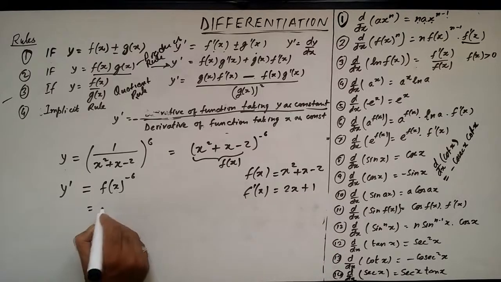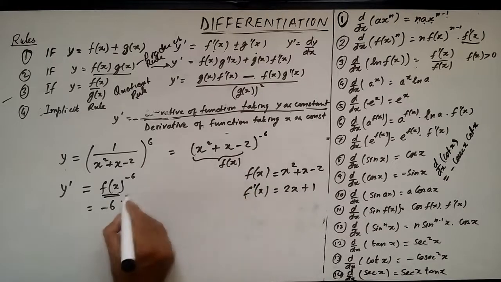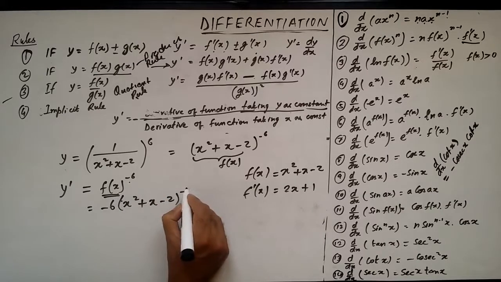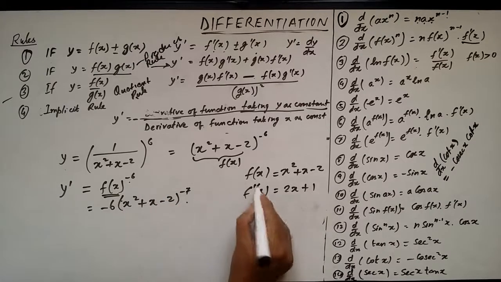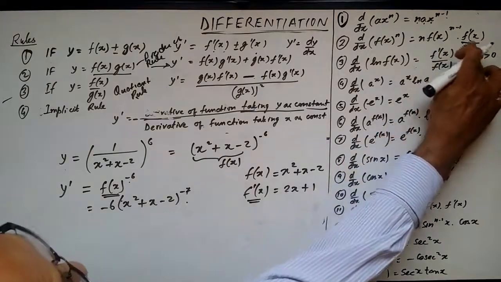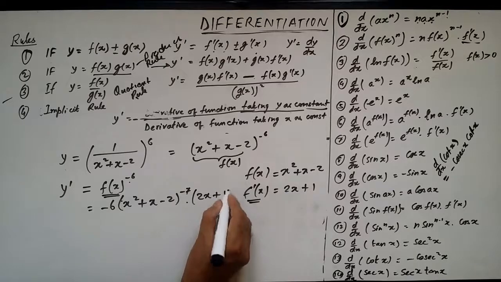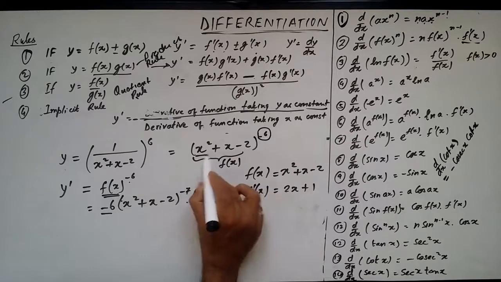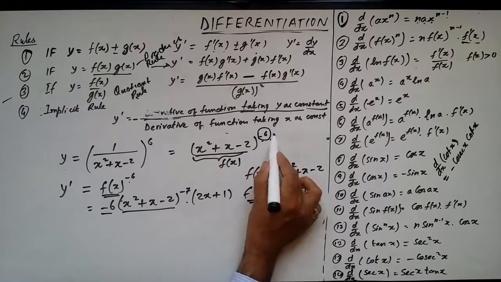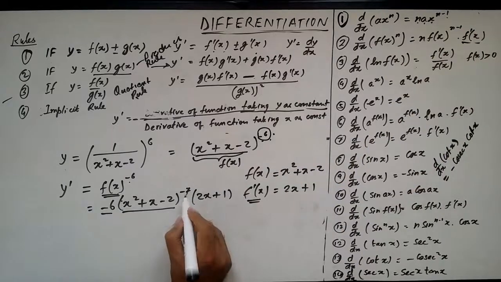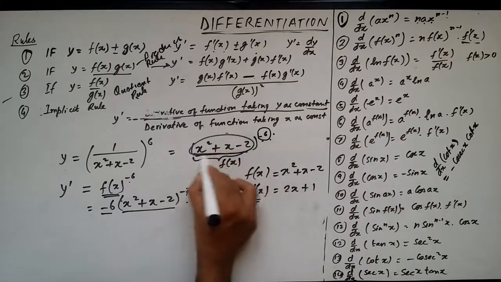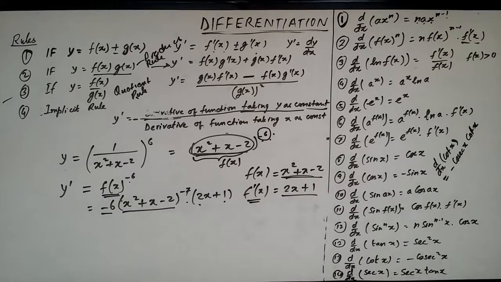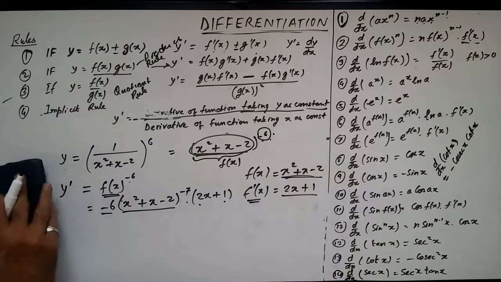So this becomes minus 6 into the function of x, x squared plus x minus 2, to the power minus 6 minus 1, which is minus 7, multiplied by the differential of that function, 2x plus 1. So the easier way to remember is, you just multiply by the power minus 6, multiplied by the function to the power minus 6 minus 1, that is minus 7, and then take the differential of this function, which is 2x plus 1, and multiply it. It makes things very simple.